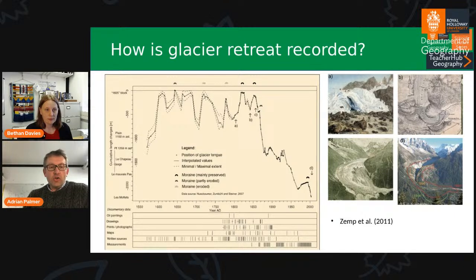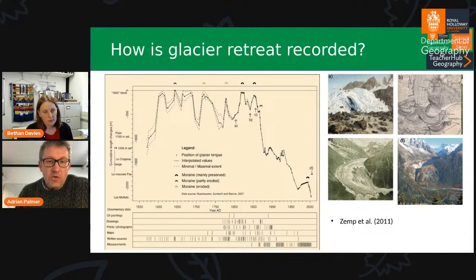And across the bottom, you've got little bars that represent how different bits of data have been collected, or allow us to make an inference as to the position of the ice at different points. In this particular graph, it uses, I think, 1625 as the base year, the zero point, and it produces all of the changes relative to that baseline.